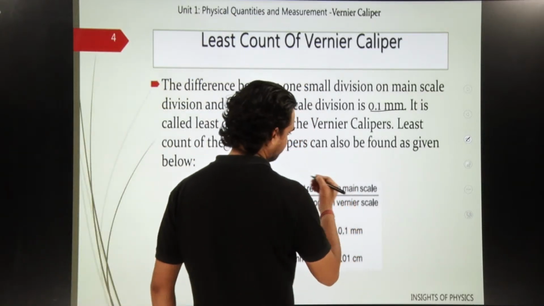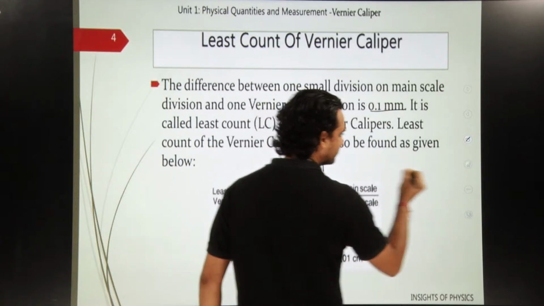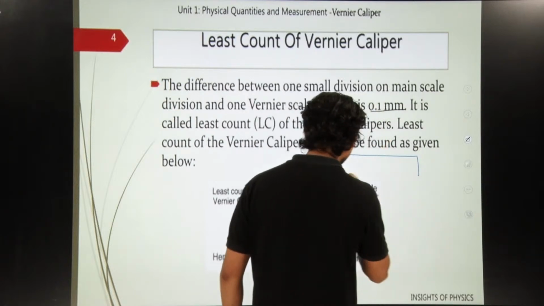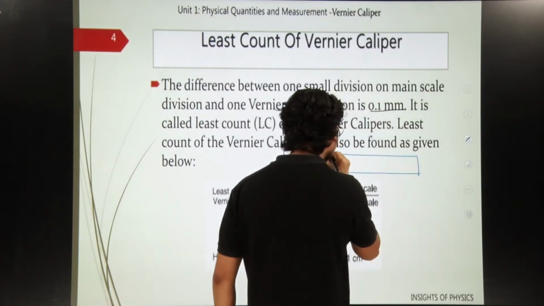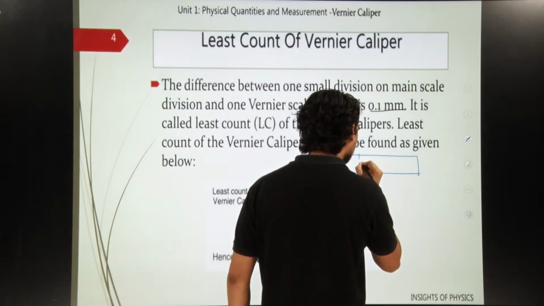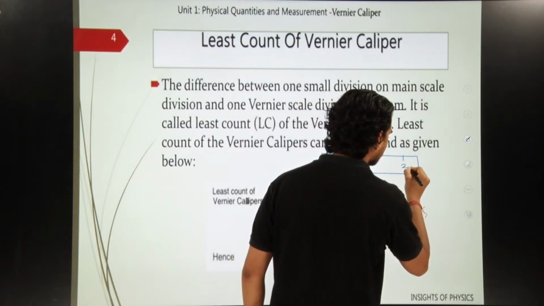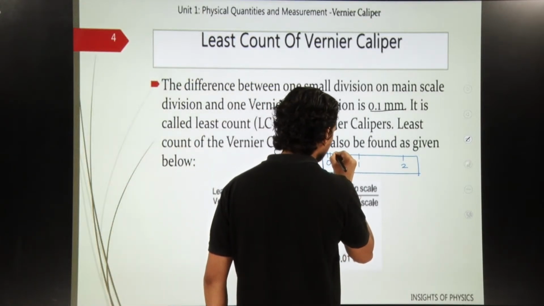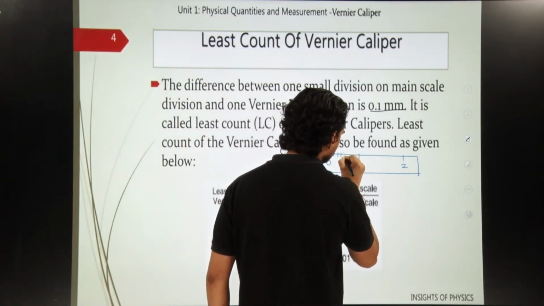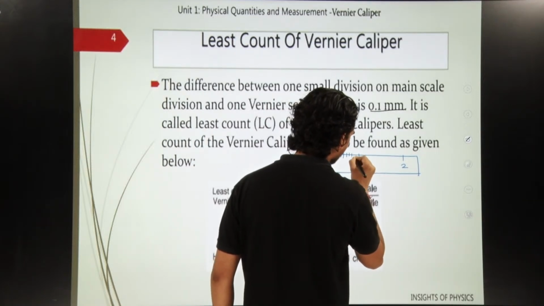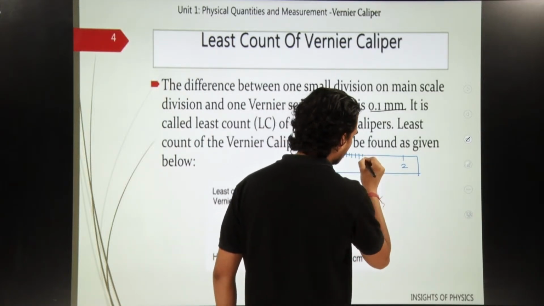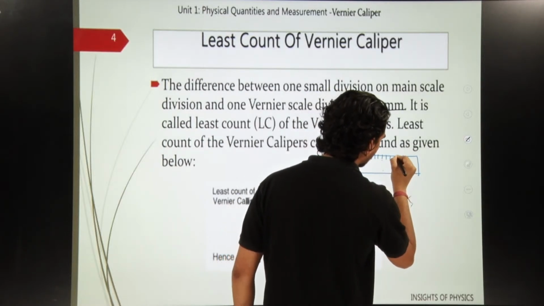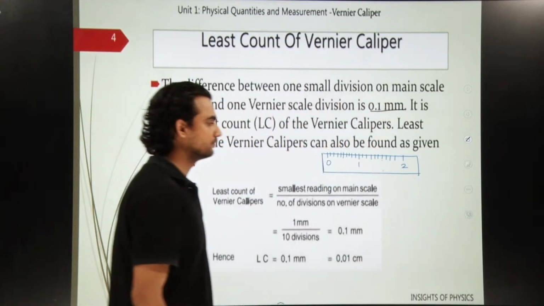Let's take this as my main scale. This is 0, this is 1, this is 2, and I have divisions: 0.1, 0.2, 0.3, 0.4, 0.5, 0.6, 0.7, 0.8, 0.9 and 1, then 1.1, 1.2, 1.3, 1.4, 1.5, 1.6, 1.7, 1.8, 1.9 and 2.